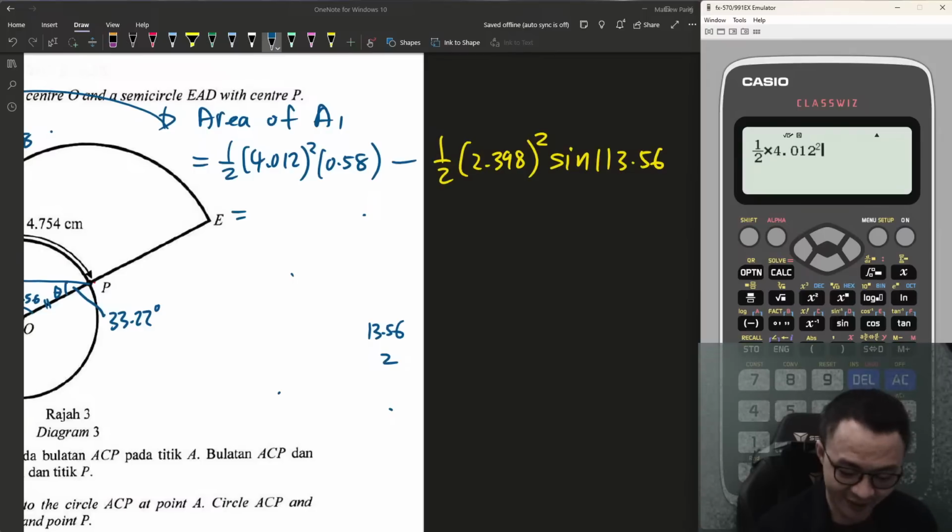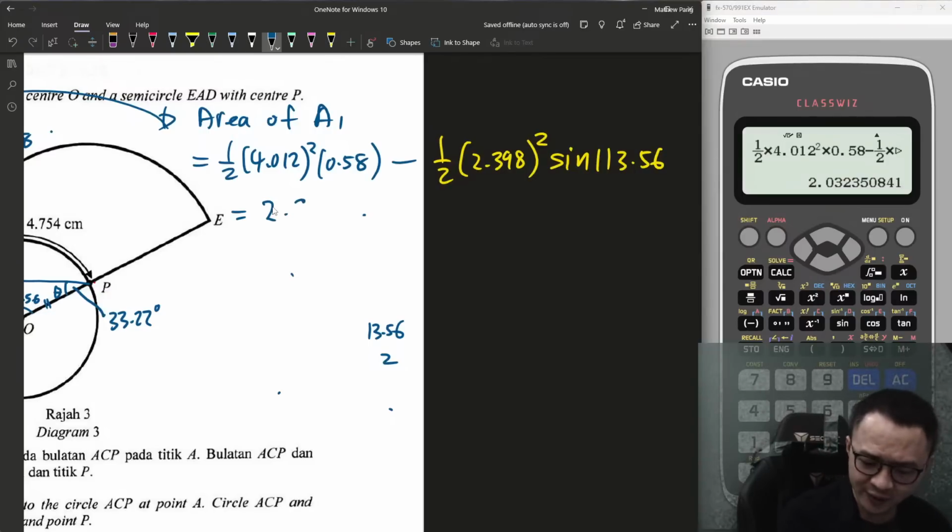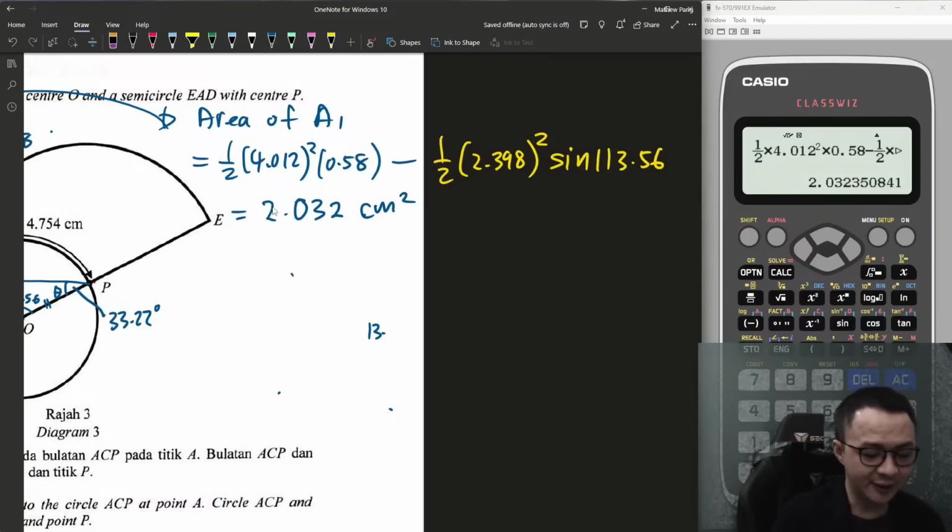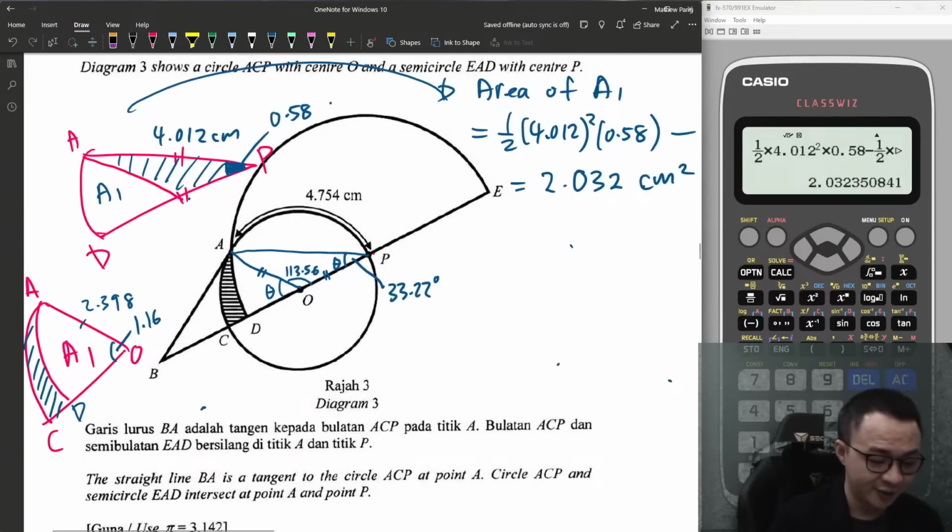Please don't make careless mistakes or else this question is going to need a lot of time to redo. Okay, this is 2.032 centimeter square. But this is not the shaded region. So in order to find the area of the shaded region, I will need to use this sector minus A1.